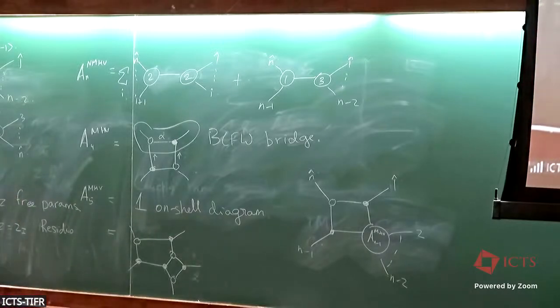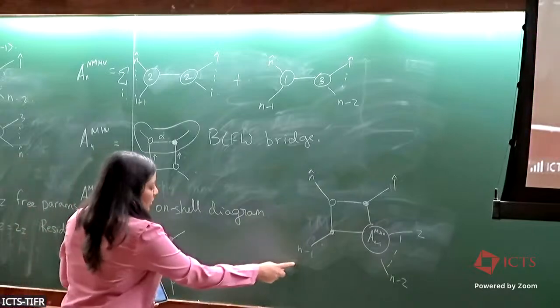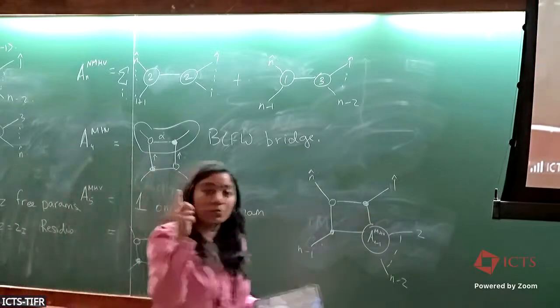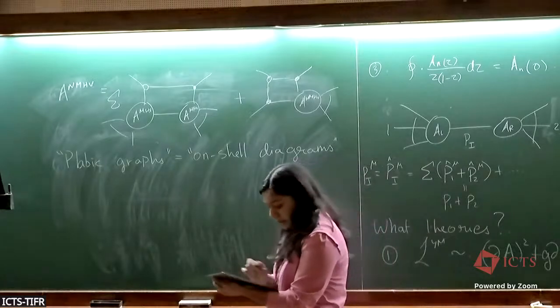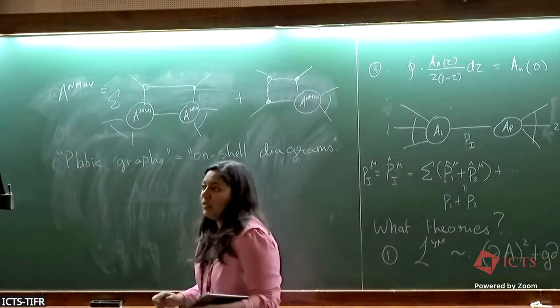That will give me Playbig graphs like this. In the case of MHV, it's one on-shell diagram. In the case of NMHV, as you can see over here, it's multiple on-shell diagrams. In fact, multiple types of on-shell diagrams as well. Okay. Any questions?